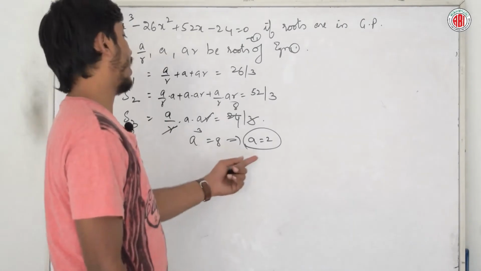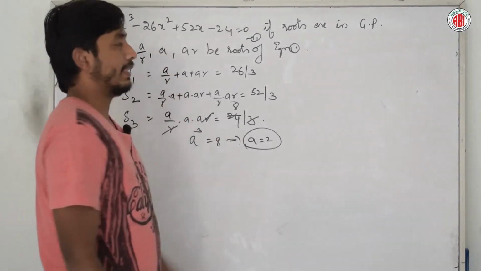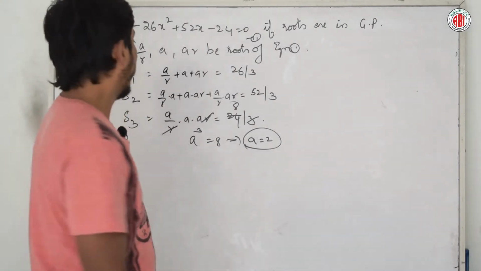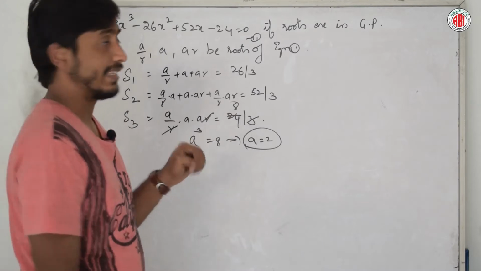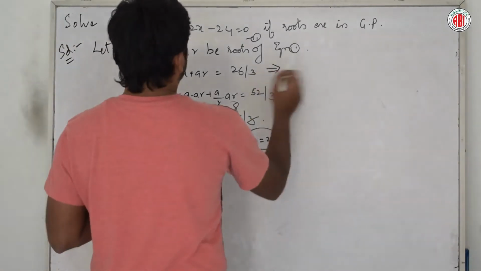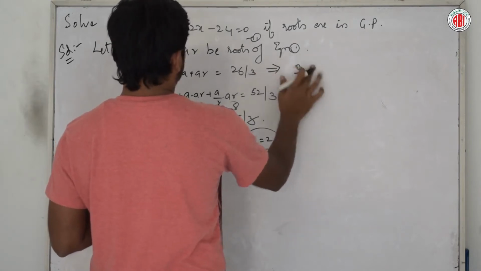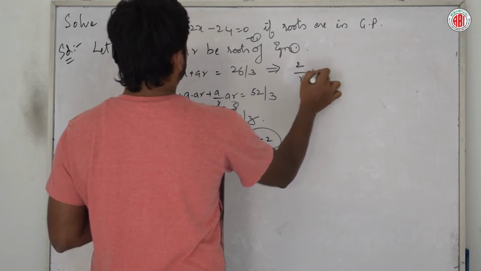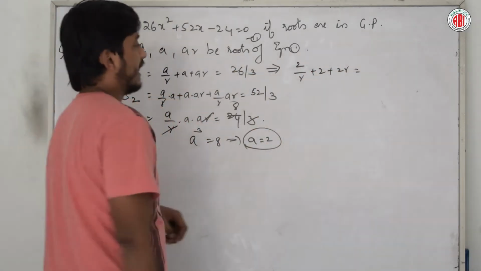Now let us substitute A equal to 2 in one of the equations, either in this or in this. Okay, it's better we'll substitute here itself so that we'll have clarity, isn't it? So if I substitute it here, I'll get A by R, that is 2 by R plus 2 plus 2R is equal to, can I cancel this?